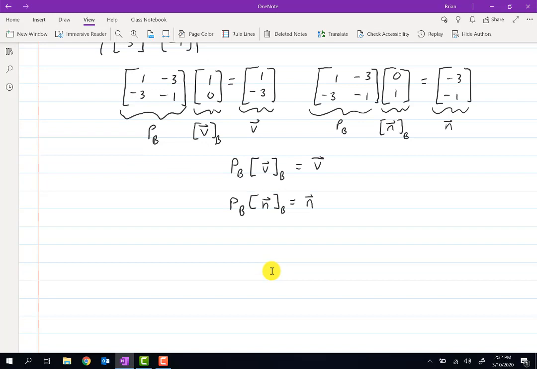Of course, each of these equations can be reversed, and I can solve them for VB in the following format. I can invert that matrix, and if you calculate the determinant, I'll get -1 minus 9, which is -10, so it's non-zero.